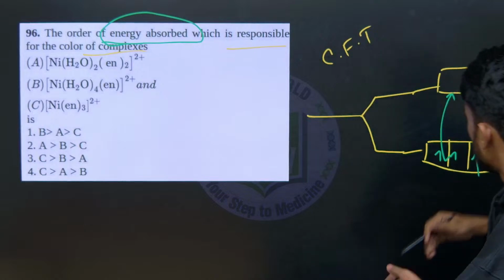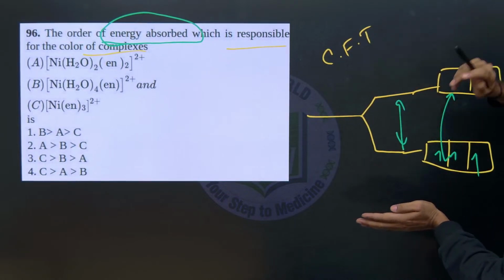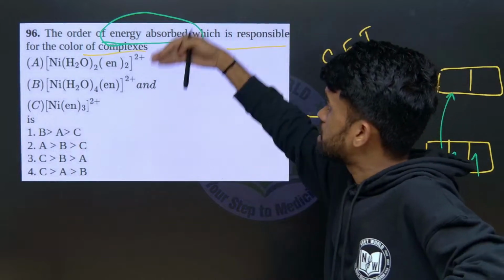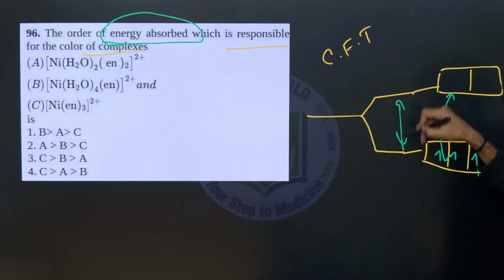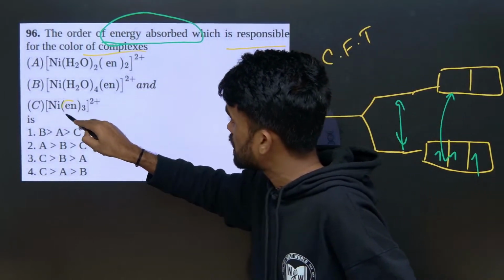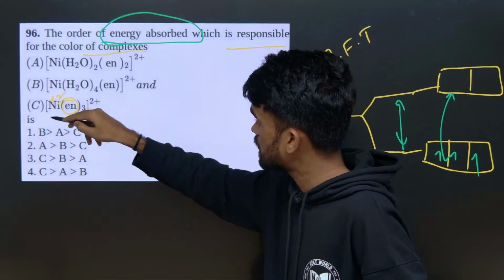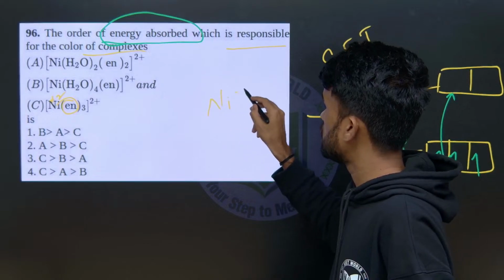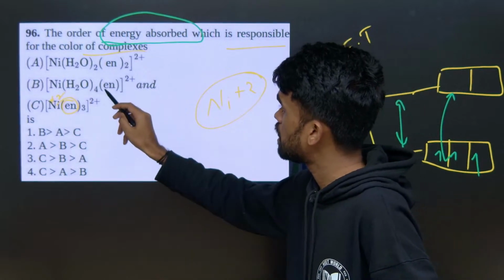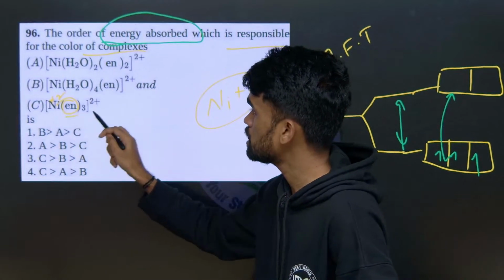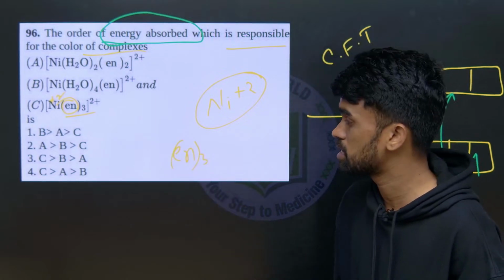Now if the energy gap between the lower and higher energy state is more, it requires more energy to excite the electron, right? The splitting depends upon what kind of ligands are present and what oxidation state the central metal has. Here all the nickel atoms are in +2 oxidation state in all these complexes. Now the ligands differ. In the third case, 3 ethylene diamine ligands are there, a hexa coordinated complex.